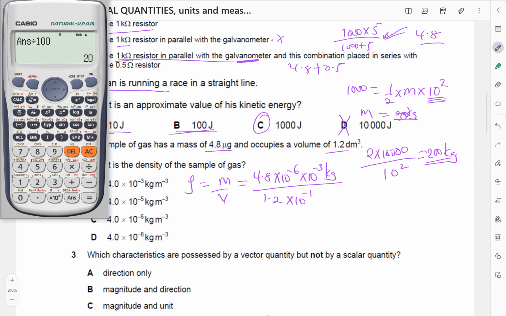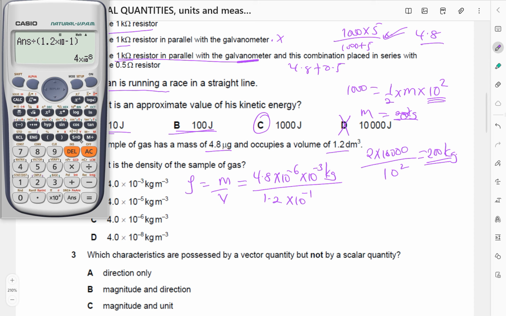So I'll press my calculator. 4.8 exponent negative 9, divided by 1.2 exponent negative 1. So this gives us 4.0 times 10 power negative 8.